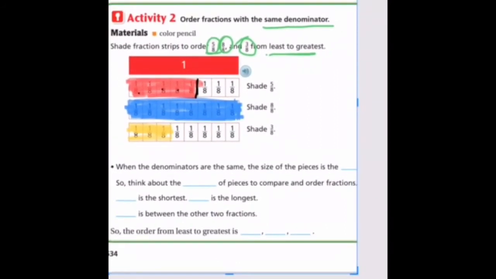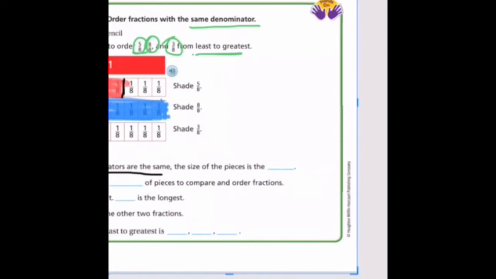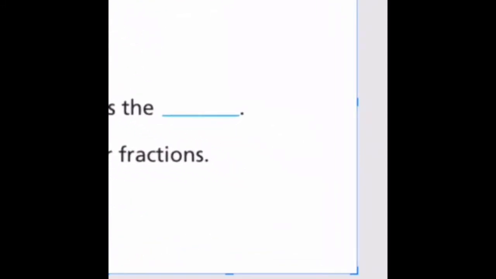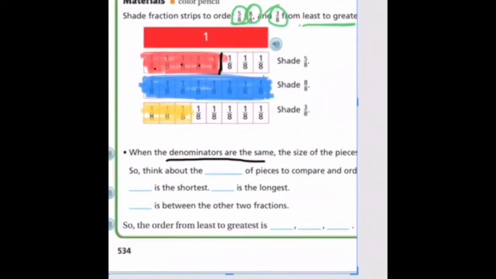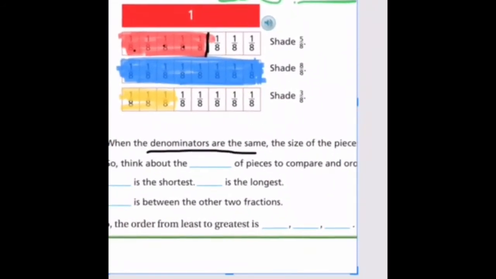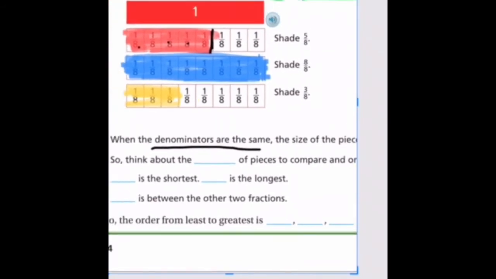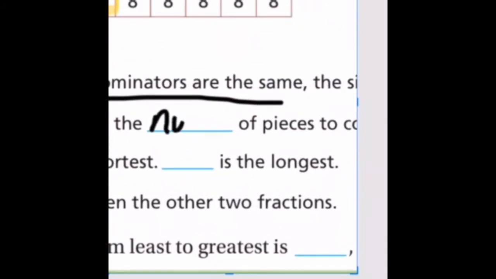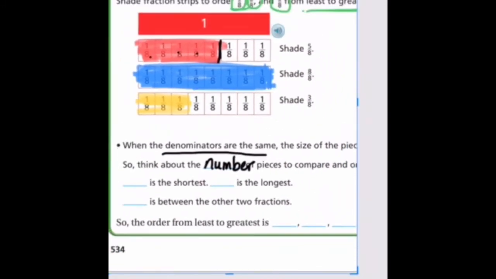And when the denominators are the same, the number of pieces is kind of your answer. So think about the number of pieces, not the size, to get our answer.